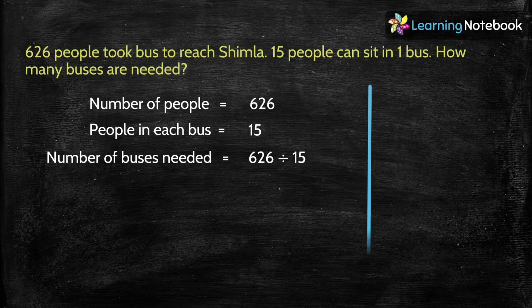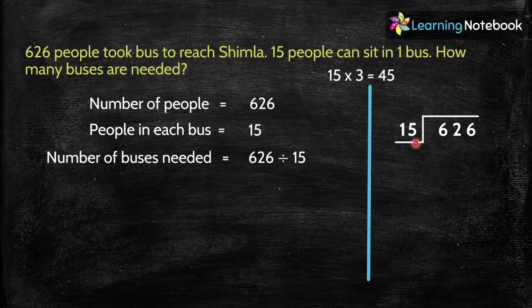So let's divide. Again, we will use the same method to estimate the quotient. So 62 divided by 15 means 60 divided by 20, which equals 3. So let's take quotient as 3. So 15 into 3 equals 45, which is less than 62.